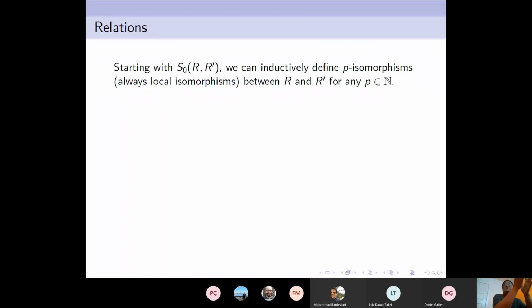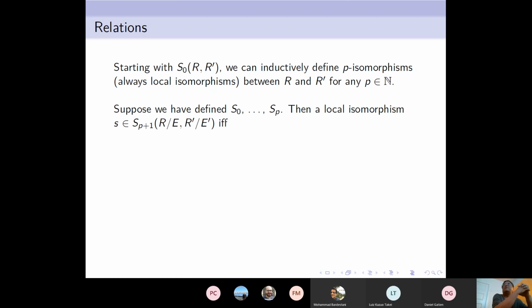When we say isomorphisms here, we always mean local isomorphisms between R and R prime for any natural number P. Because we've already defined S0, if we know the definition up to SP, then a local isomorphism in SP plus 1 must satisfy the two conditions. This is called the back and forth condition. So this is the forward condition.